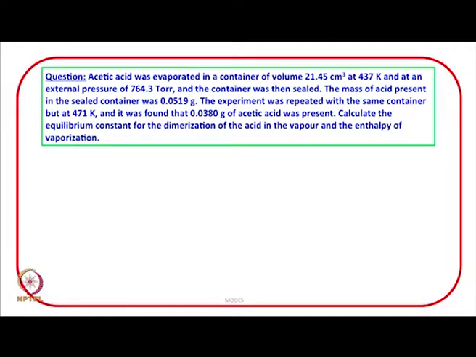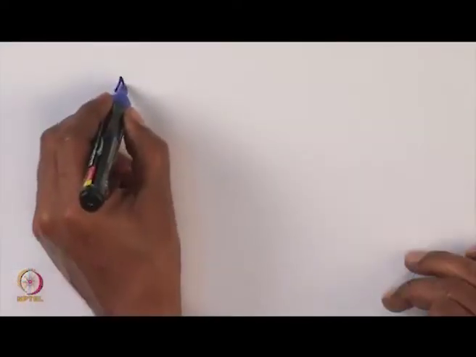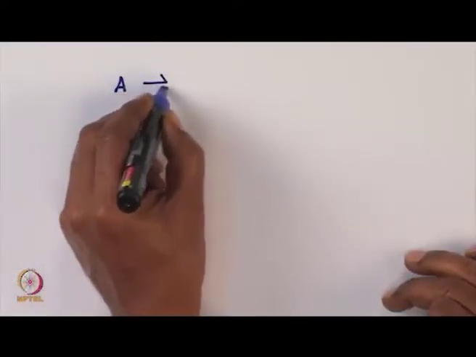It is about acetic acid dimerization. Let us consider a general process, A in equilibrium with 2B.